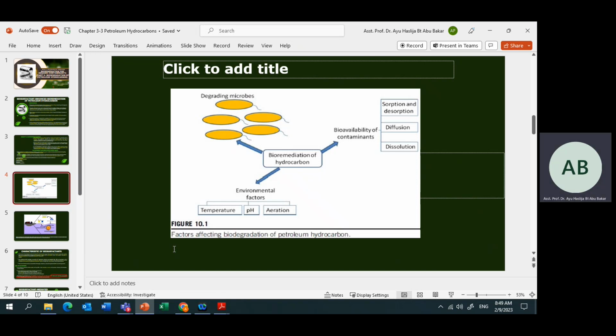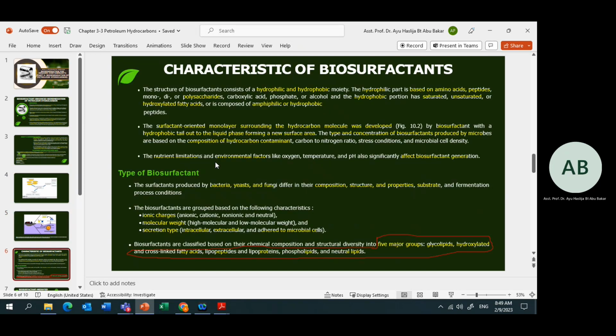The factors that affect the bioremediation process are environmental factors, which can be temperature, pH, and aeration, and also the bioavailability of the contaminants and the type of the microbes. The 5 major groups that you need to know are the lipids, fatty acids, the lipo group, phospholipid, and neutral lipids.